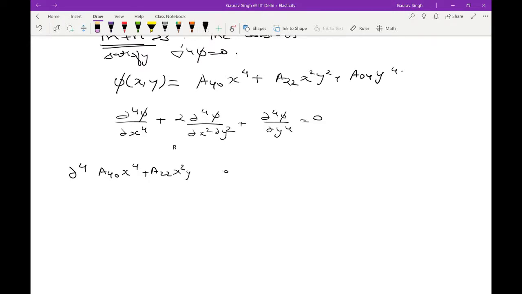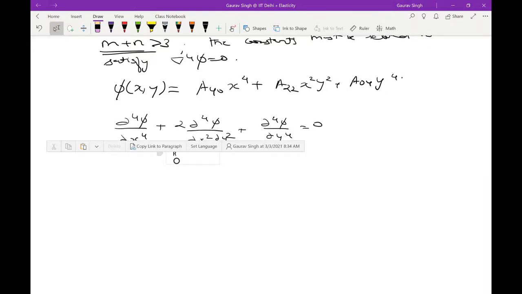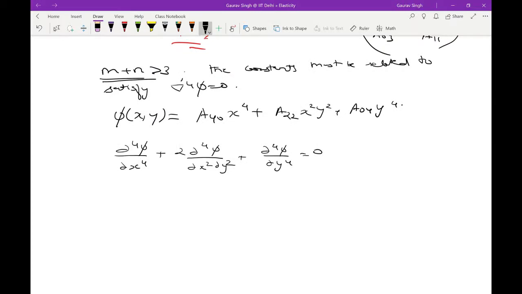So let's try to write directly. So x to the power of 4 would give a40. Take the LHS of this. We don't assume that it's already satisfied, so take the LHS of this. To the power of 4, this would be a40. The other two terms will not be contributing.